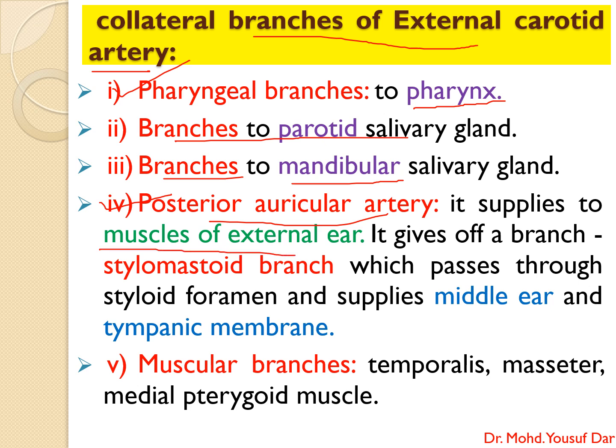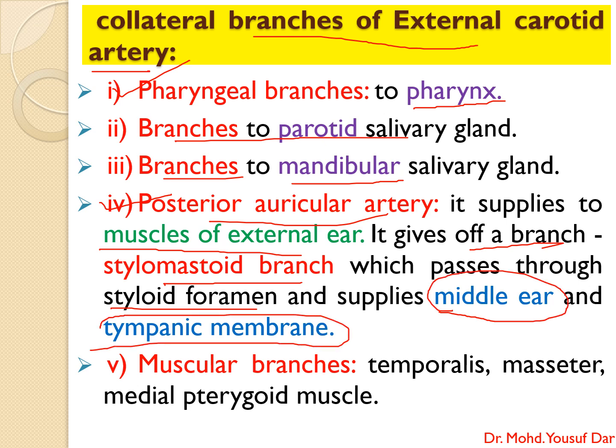It arises from the external carotid artery and supplies the muscles of the external ear. It gives off a branch known as the stylomastoid branch, which passes through the stylomastoid foramen and finally supplies the middle ear and the tympanic membrane.